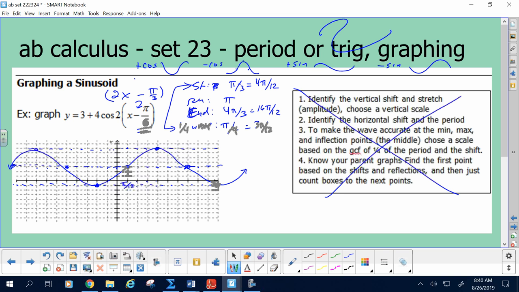Give me the location of 2 maximums, please. Give me the x where there are 2 maximums. 2 x's where there is a maximum. Give me one. Talk to me, people. There is a maximum at 4 pi over 12.